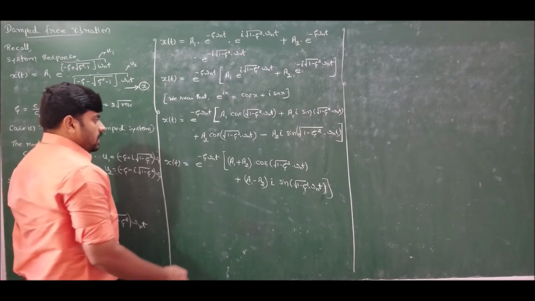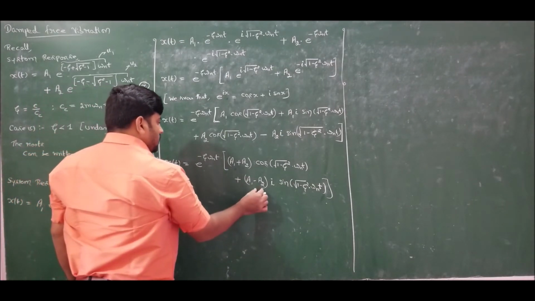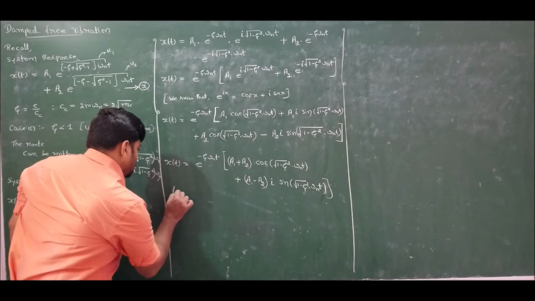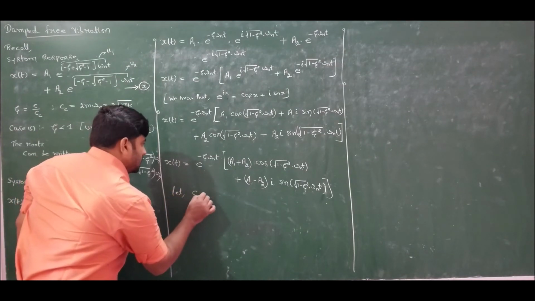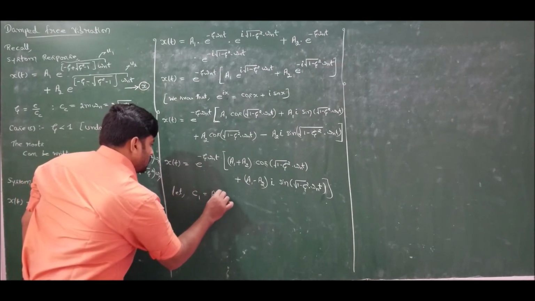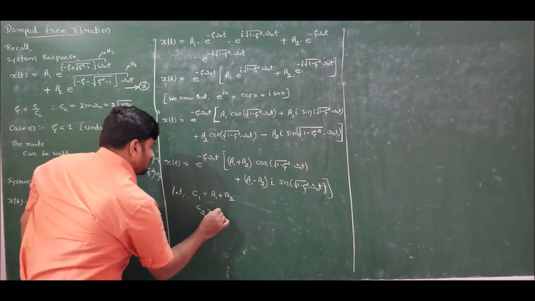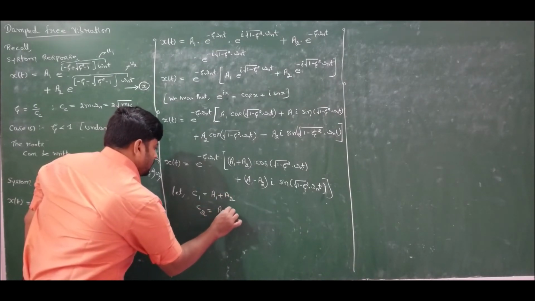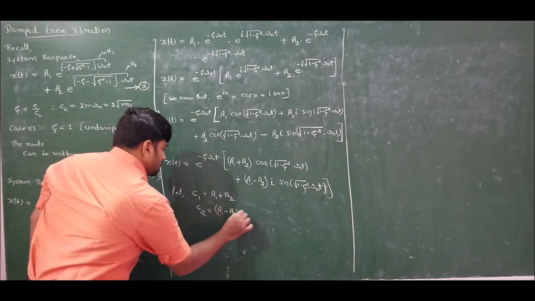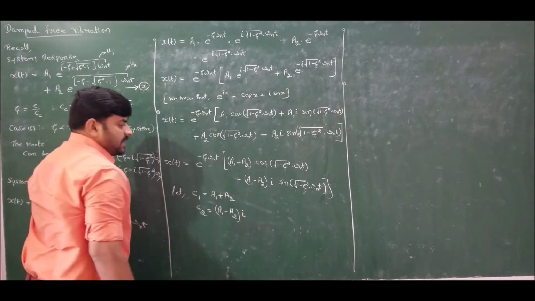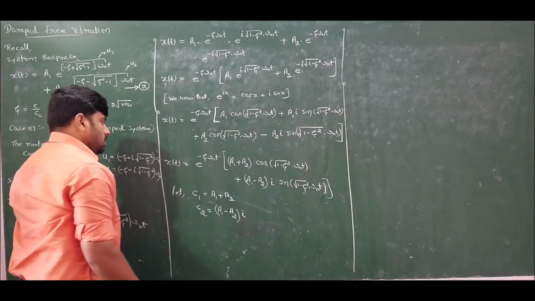Now what I will do, I will call this as C1, I will call this as C2. Let a constant C1 be sum of A1 plus A2 and a constant C2 be A1 minus A2 times imaginary. What is imaginary? Root of minus 1.